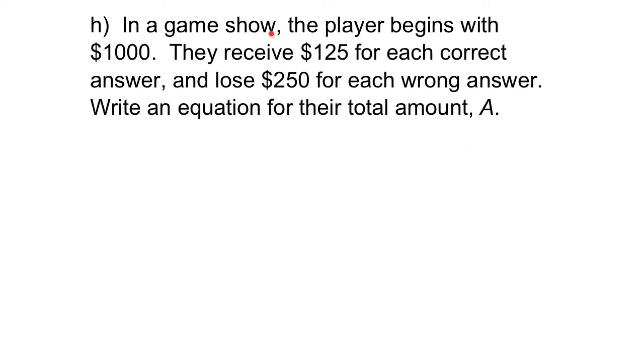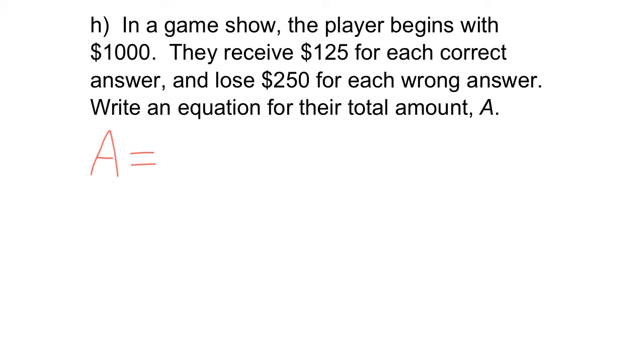In a game show, the player begins with $1,000. They receive $125 for each correct answer and lose $250 for each wrong answer. Write an equation for their total amount A. Okay, so we're writing an equation for A, so A equals something.